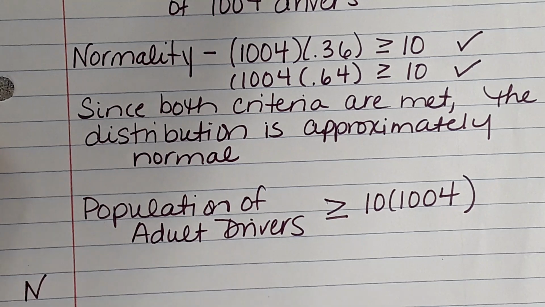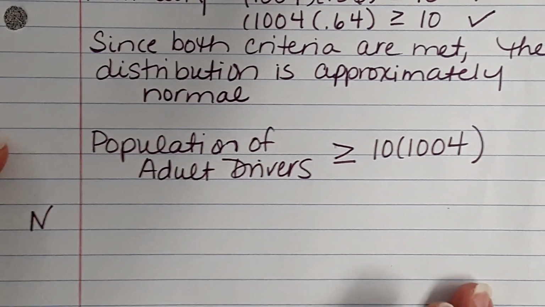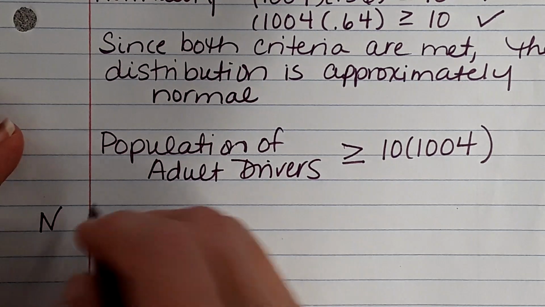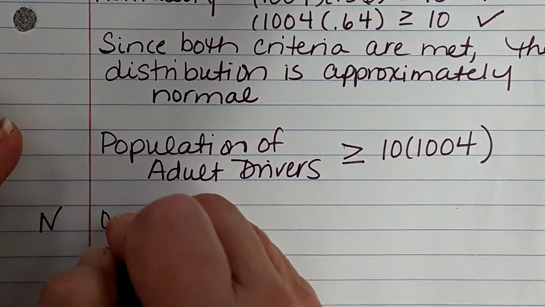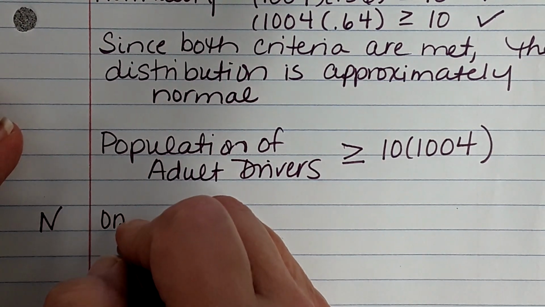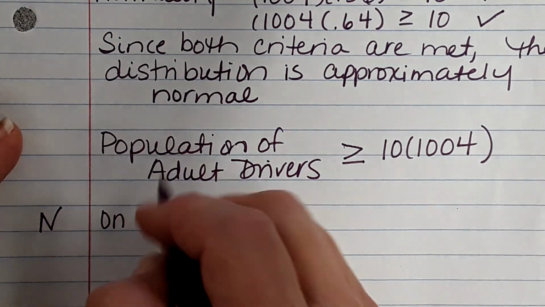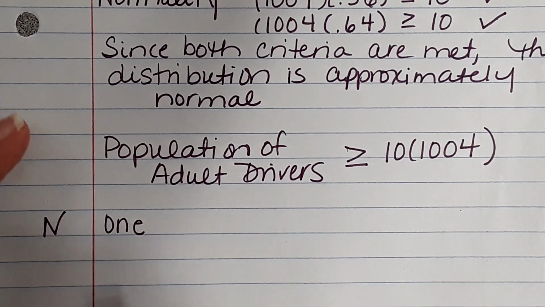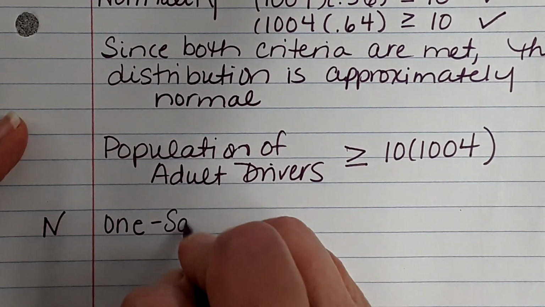So now we can do our N. We're going to name our test. How many samples are used in this problem? 1,004. No, that's how many people were in our sample. How many samples, Ethan? 1. So it's a 1 sample.